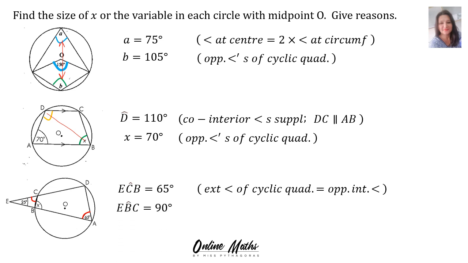Then angle EBC is equal to 90 degrees. If you look at that little triangle there, it's angles of a triangle. And then you can say that angle X is 90 degrees and your reason is angles on a straight line.